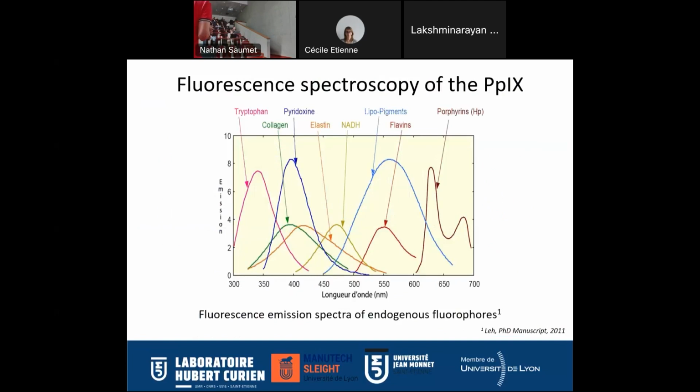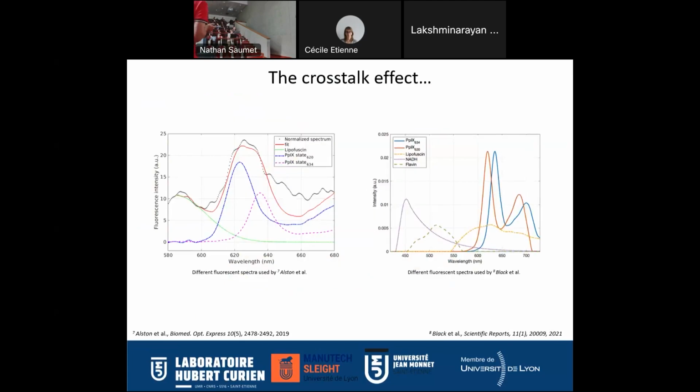And especially if we look at the literature, here you have two distinct graphs. Each graph is plotting a lot of distinct fluorescent spectra. But if you look on the left side here, you have a first article from the literature where the lipofuscin, which is an endogenous fluorophore, is modeled here by the green spectral shape.